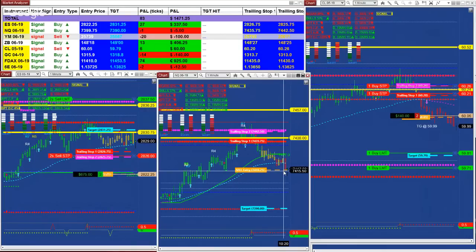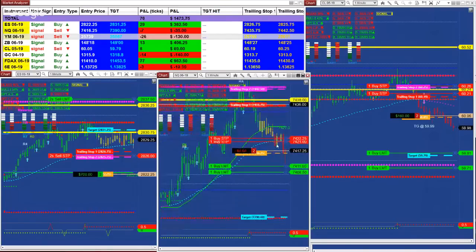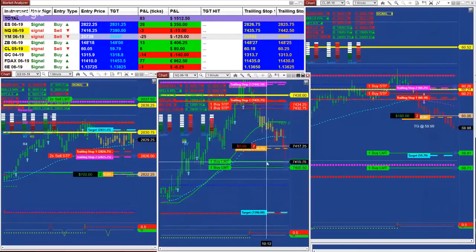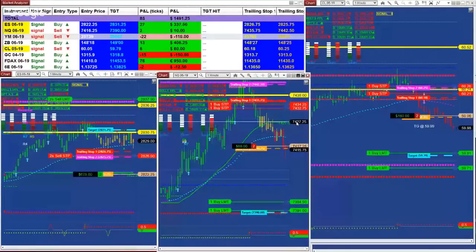We need to see this ES drop below 28.26. The auto trade took it finally on this one here. It is going to take some time for the ES to drop, but once the ES drops, it is going to make the Nasdaq drop extremely fast.